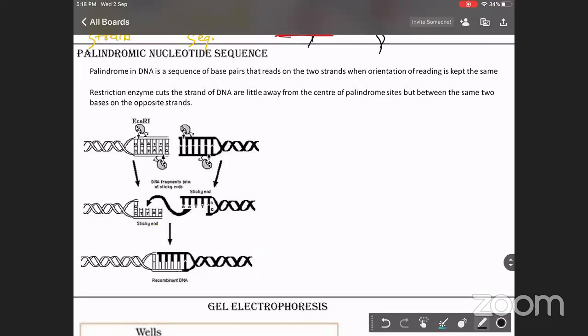This is that specific sequence for the restriction endonuclease enzyme. It means each and every restriction endonuclease enzyme which is discovered or exists on this planet will have its own specific palindromic nucleotide sequence. Now the question comes, what do we mean by palindromic?